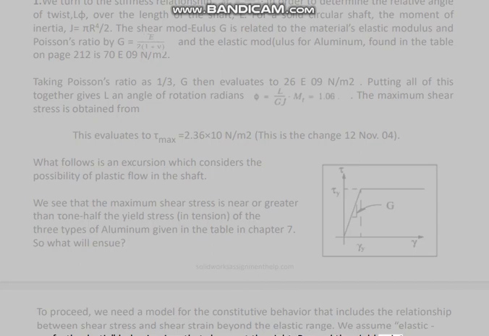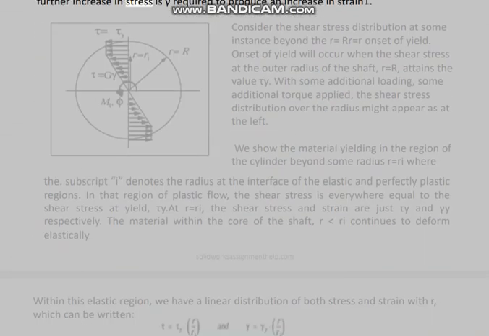Beyond the yield point, no further increase in stress is required to produce an increase in strain γ. Consider the shear stress distribution at some instance beyond the onset of yield. Onset of yield will occur when the shear stress at the outer radius of the shaft, r equal to R, attains the value τy.